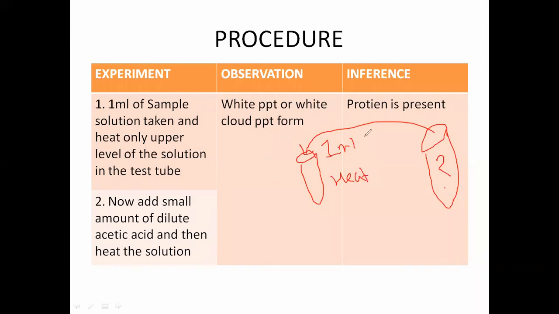This is the first point. In the second step, you will add a small amount of dilute acetic acid, suppose 1 ml.